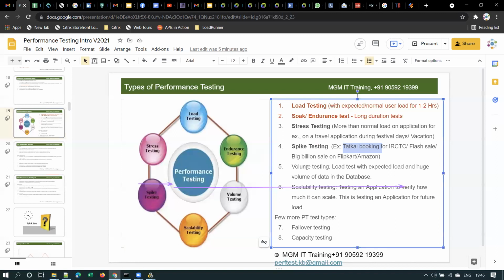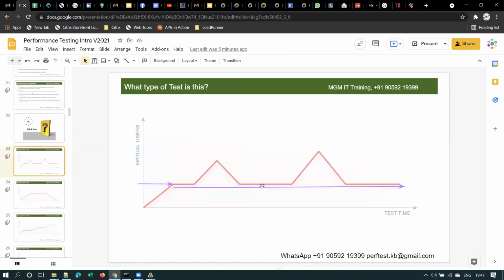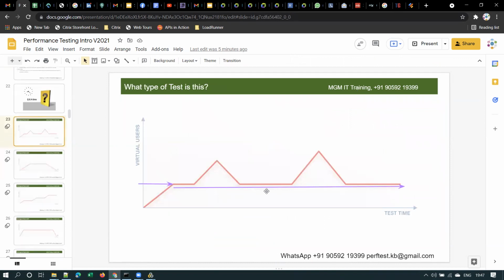Or Tatkal booking for IRCTC, whenever the Tatkal counter opens, there will be a sudden surge in user load for some duration, and again it will come back to normal after some time. So this graph represents a spike test. Shall we move to the next one? Is it clear?